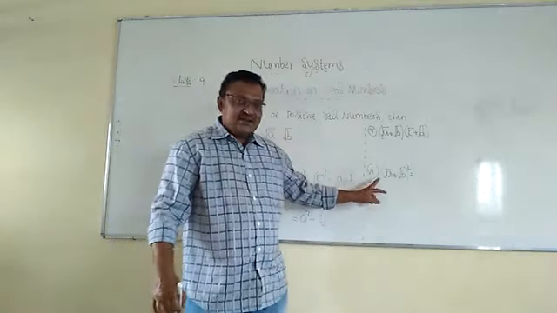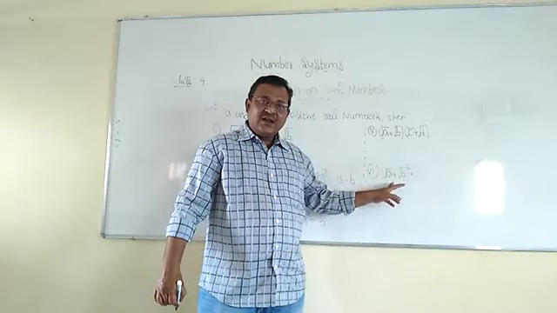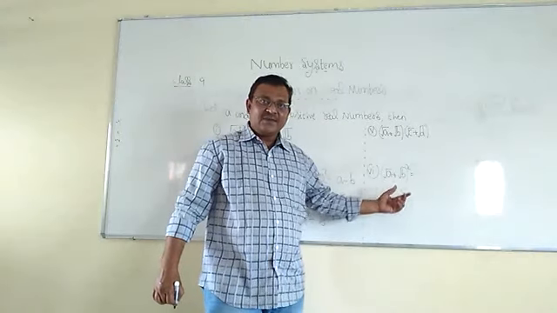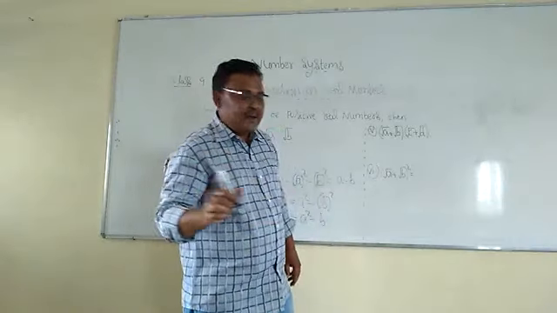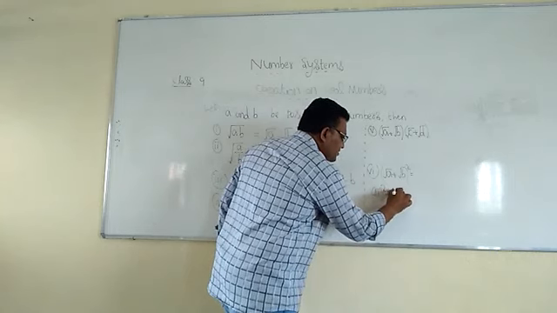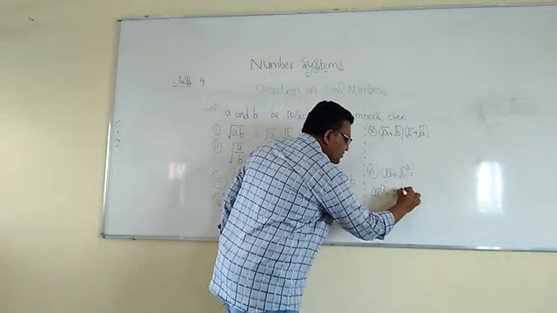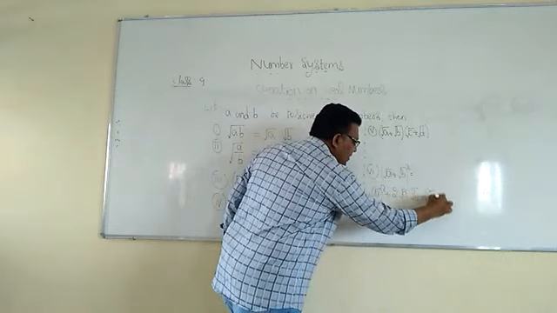And the next step, sixth one. Sixth one is square root a plus square root b whole square. It is in the form of a plus b whole square. A plus b whole square, we know, is a square plus 2ab plus b square. So a square means root a whole square, plus 2 into root a into root b, plus b square, so root b whole square.